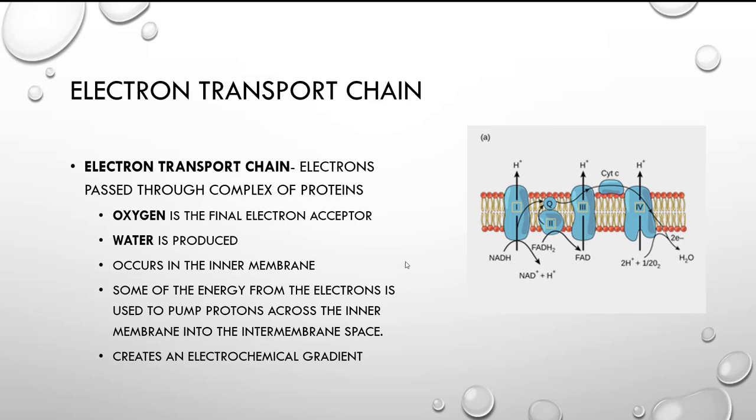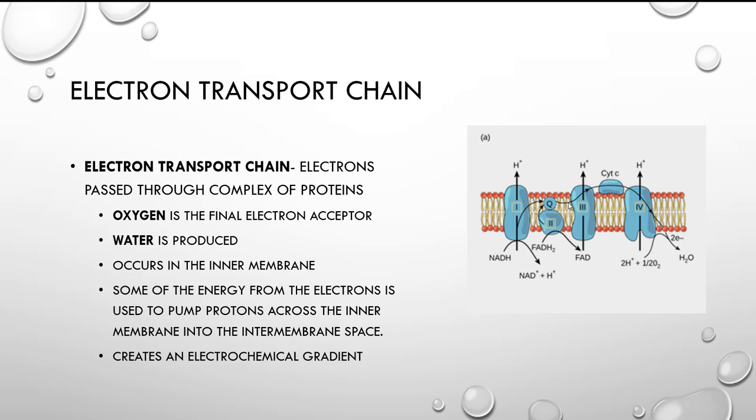Okay? So as those electrons are moving through, they will finally end up getting accepted by oxygen at the end. So oxygen will finally come into play here as the final electron acceptor. So oxygen will receive those extra electrons at the end.